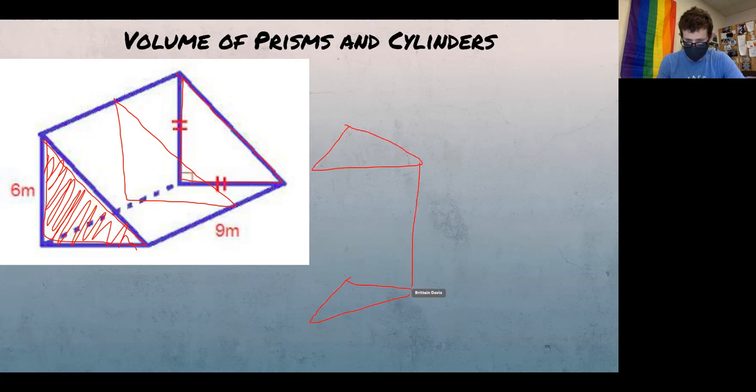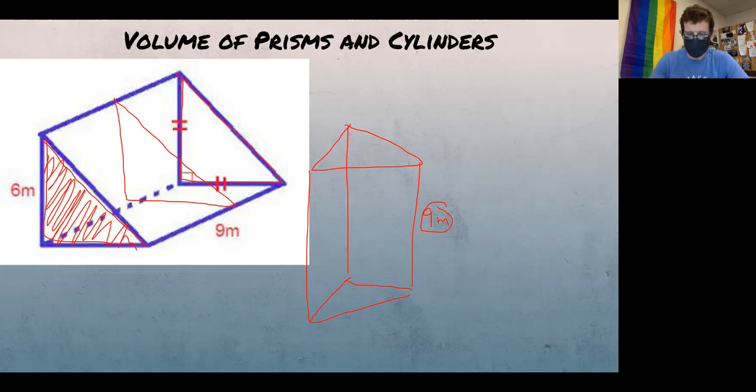Oh, that's not very pretty, but imagine now I could put that same triangle flat on the ground. So now what is this length right here? 9. Yeah, 9. And that's just to get you to think about what's the height of your prism.